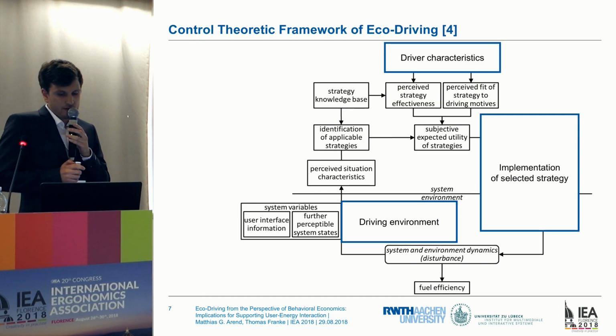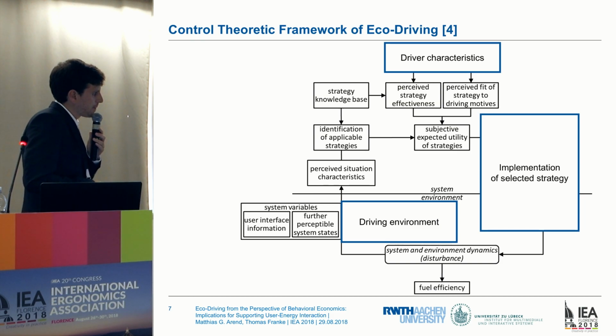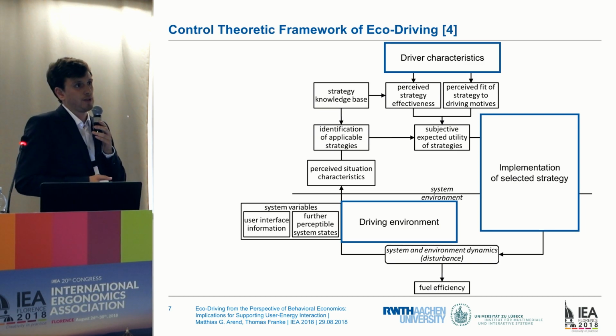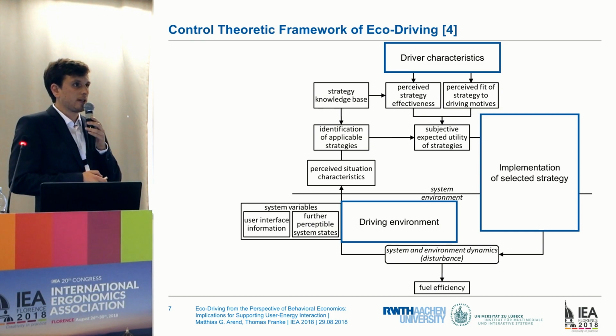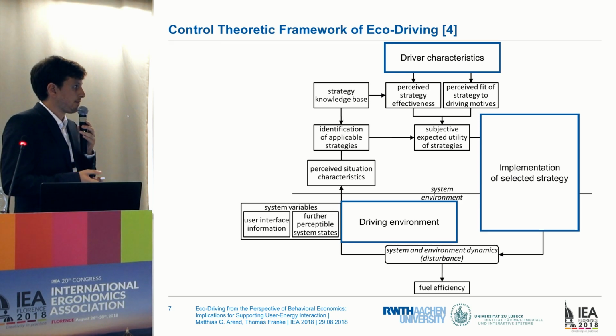What is important for us is that we have system variables, especially the user interface information, which provide the frame for our eco-driving decisions. And we also have the perceived strategy effectiveness, from which a subjective expected utility is derived for each strategy, so for each decision alternative.